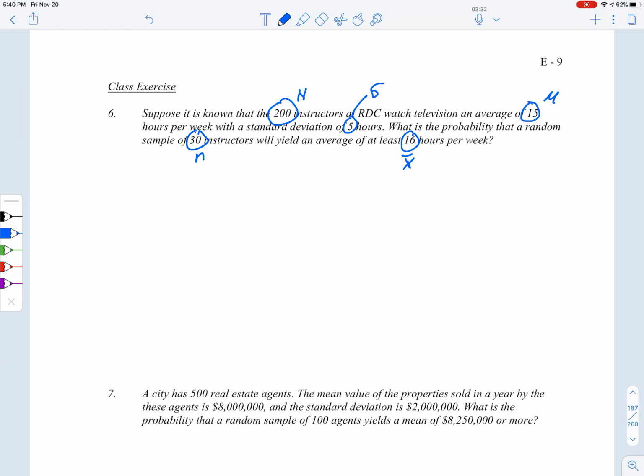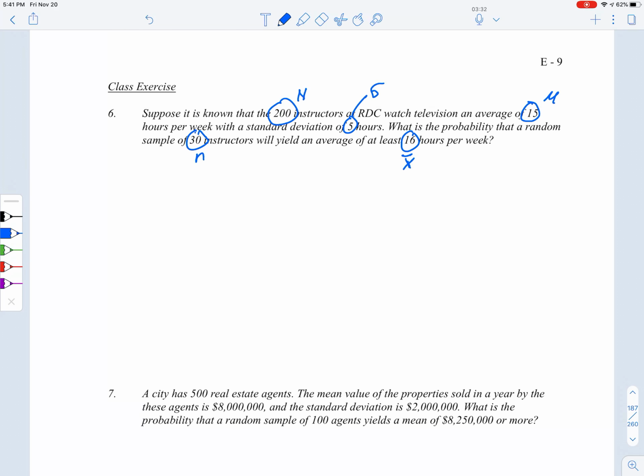I want you to take a look at the symbols that I've used here. The first sentence is talking about the population. It doesn't use the word sample, so they're all population parameters. So suppose it's known that big N, 200 instructors at RDC, watched television an average of mu, 15 hours per week, with a sigma of 5 hours.